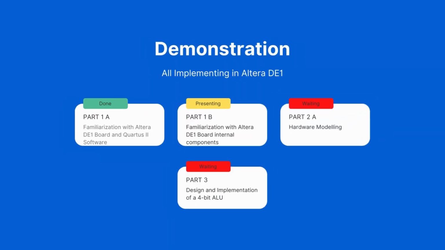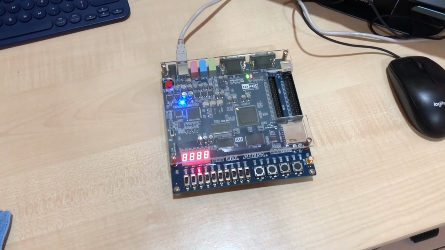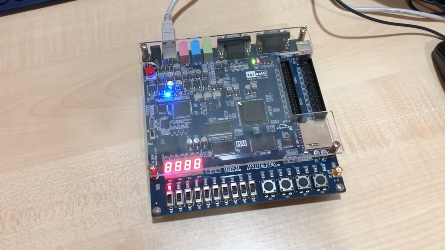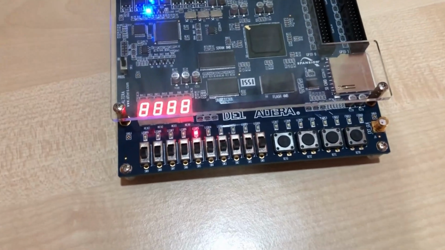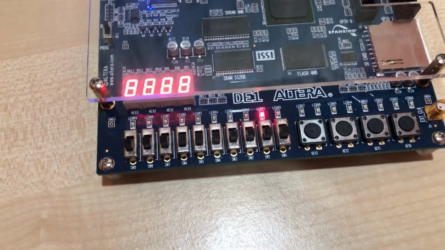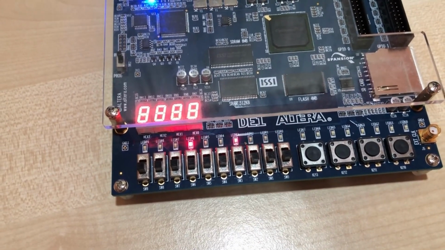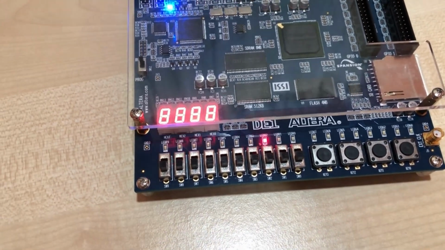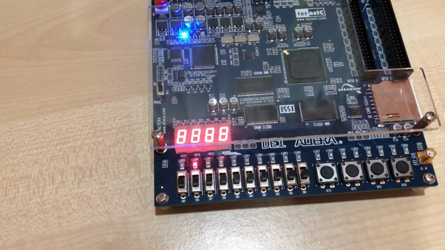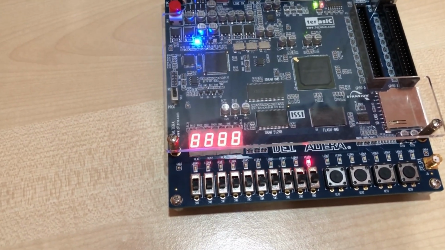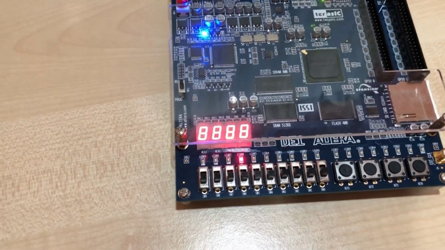Now come to my part 1B, and here's my demonstration. As we can see, the LEDs are already divided into low frequency, which is from 50 MHz and lowest down to 1 or 2 Hz.